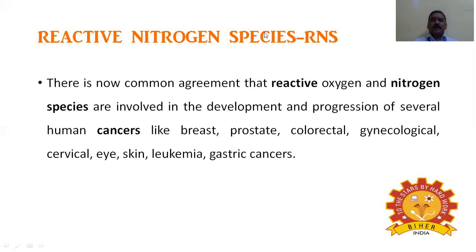There is now a common agreement that reactive oxygen and nitrogen species are involved in the development and progression of several human cancers like breast cancer, prostate cancer, colorectal cancer, gynecological tumors, cervical tumors, eye cancers, skin cancers like melanomas, leukemias, chronic myeloid leukemias, gastric cancers, etc. So these are the important things about the physical carcinogens.